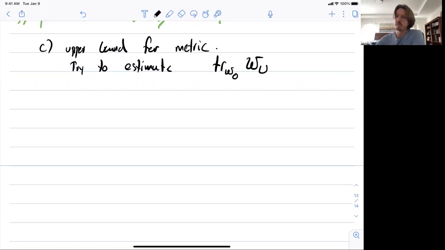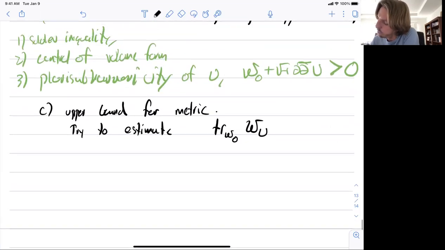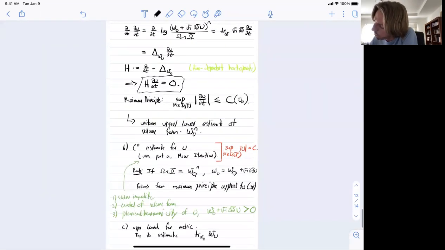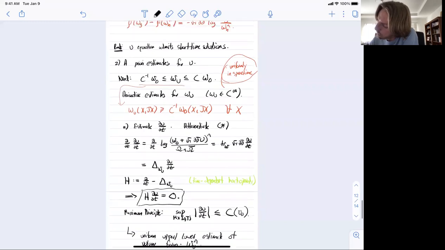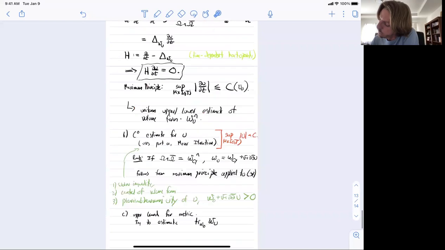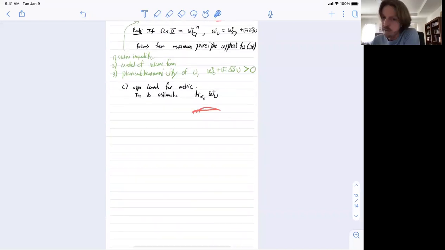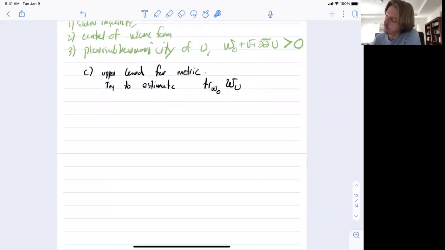Somehow this is positive, and if it's bounded above, then omega u is bounded above by omega naught times some constant, in the matrix sense described earlier. So to prove this upper bound, it suffices to get an upper bound for this trace. Sorry, let me zoom back in.